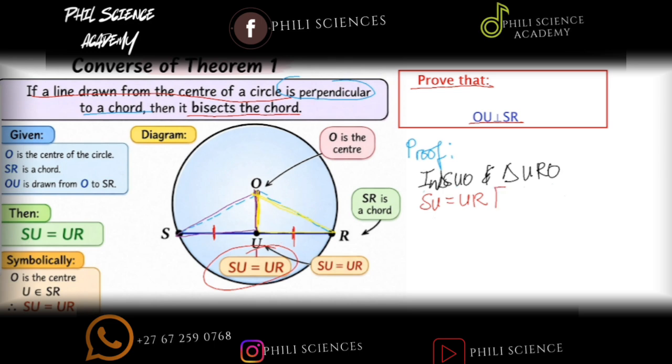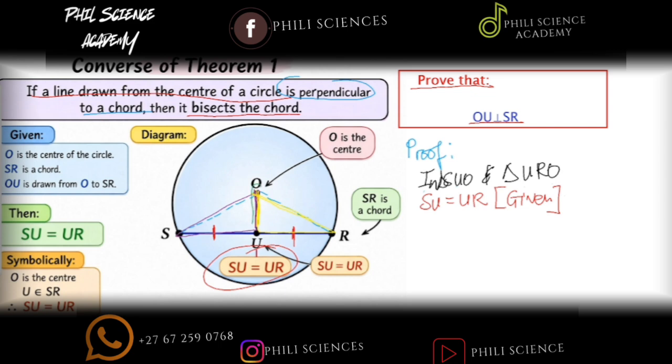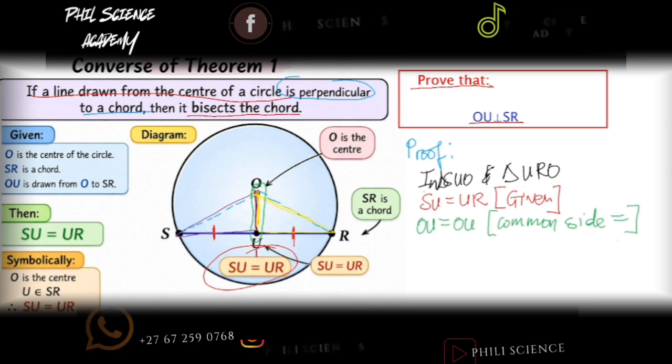Reason being, this is given, since we're already given that SU is equal to UR. Another thing we see is that these two triangles have a common side, UO. So OU is equal to OU, reason being a common side that is equal in both triangles.